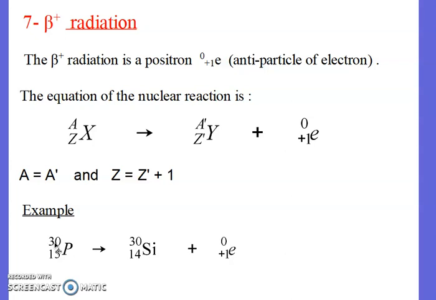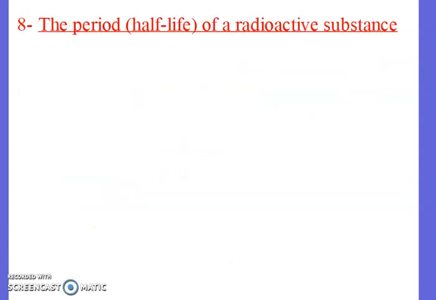Okay. Now, so far, we have identified the 4 particles or radiations: gamma, alpha, beta minus, and beta plus. Now let's go to the law of decay, or the period of decay, half-life. What does this mean? You know, unstable nuclei are disintegrating, means transforming, into more stable ones.